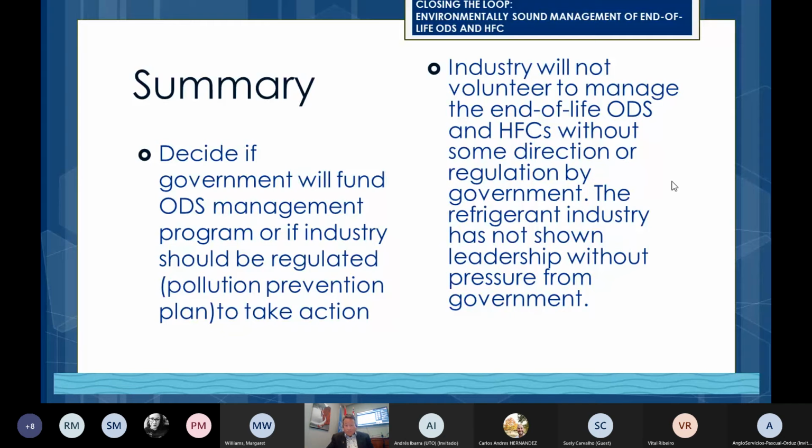I said it at the last Montreal Protocol meeting, or at least in Rome, that the refrigerant industry has not shown leadership without pressure from government. And you can go back to the introduction of CFCs and of course now HFOs, that in fact they will not act without some form of government direction and certainly regulation, which has frankly worked effectively in our province in Canada and of course other jurisdictions in Europe with the F-gas regulations and other things going forward. Next slide, please.